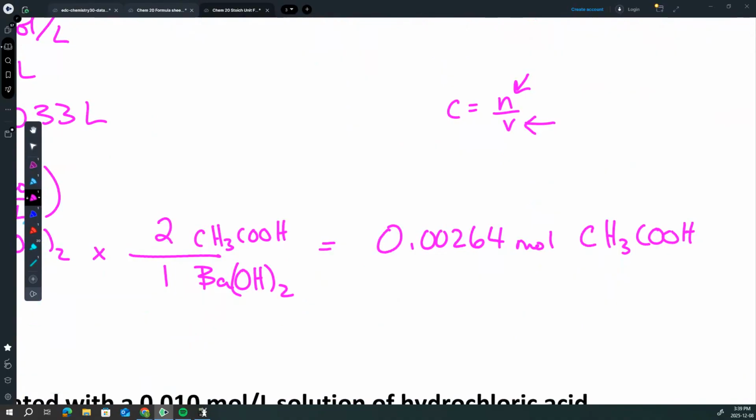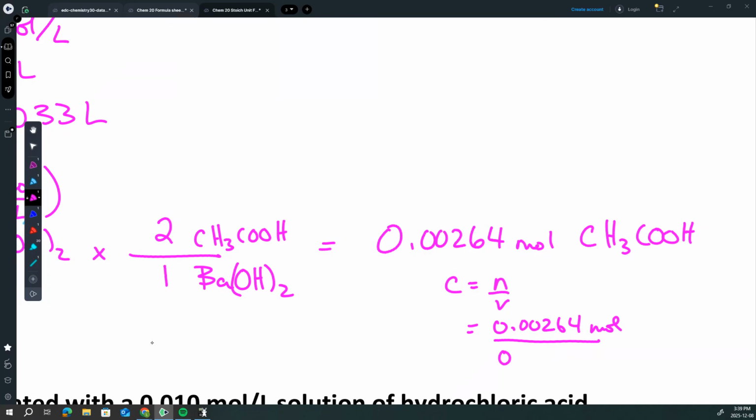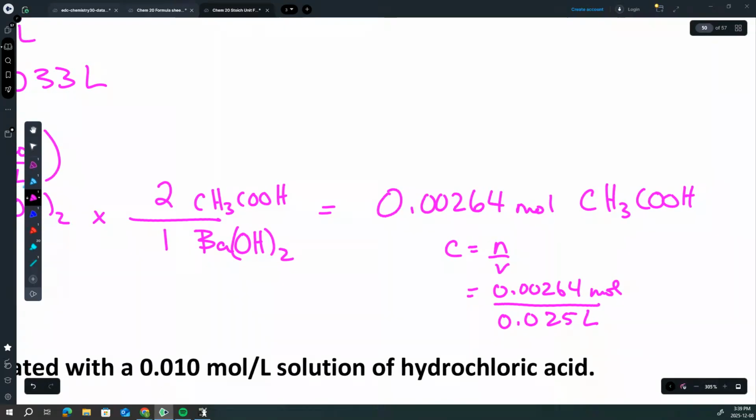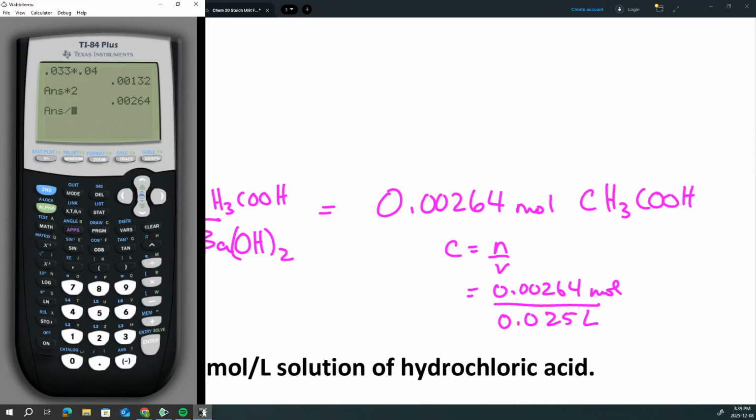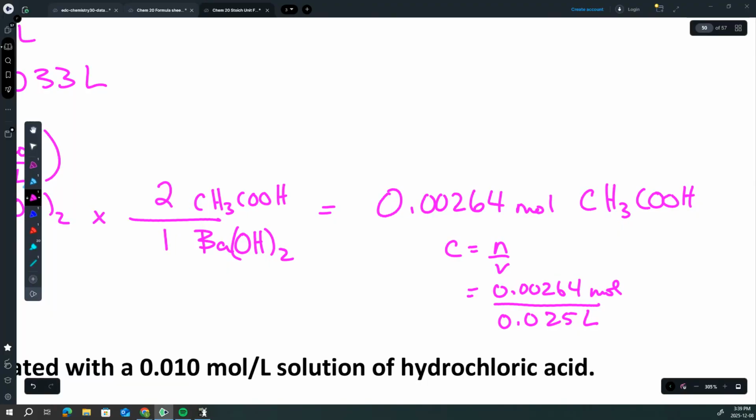Maybe I'll write this equation just a little bit lower here. So 0.00264 moles divided by 0.025 liters, and we get 0.1056.